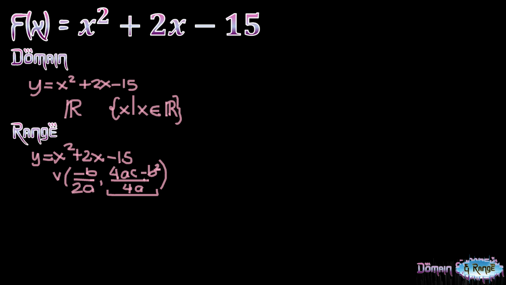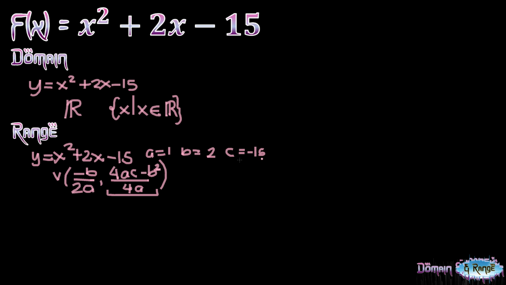Now, you could, of course, try to use the values of a, b, and c here taken from this function. A is the coefficient of x squared, being 1. B is the coefficient of x, which is 2. And c is our constant, which is negative 15.